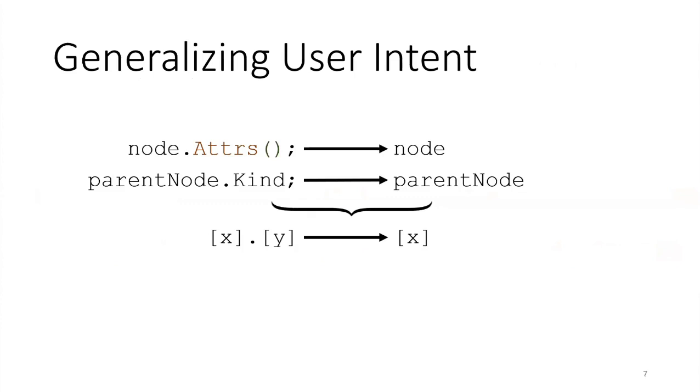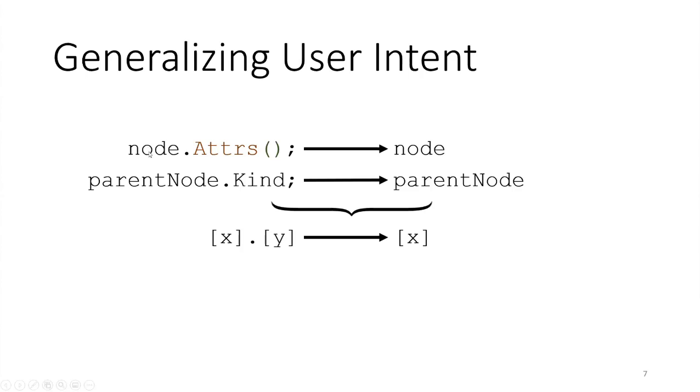Another challenge that we have to deal with is the generalization of user intent. Our language may allow us to represent transformations that, although they form a pattern, are not the pattern that the user wants.